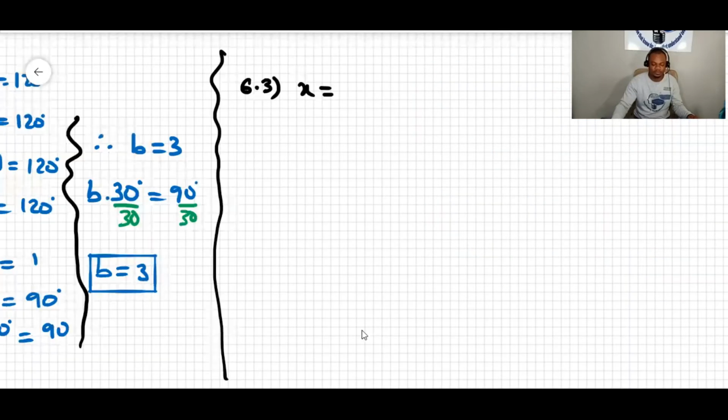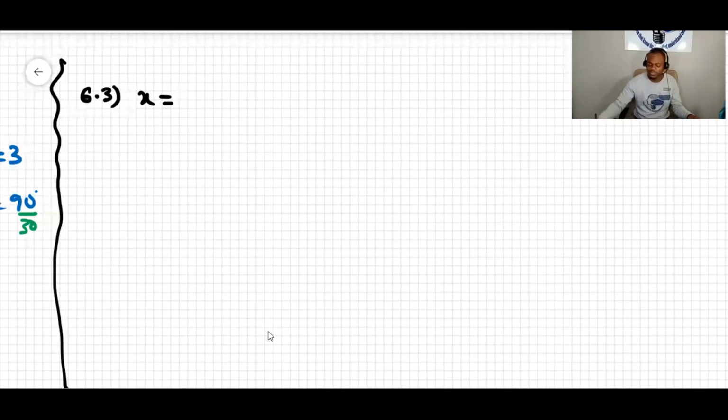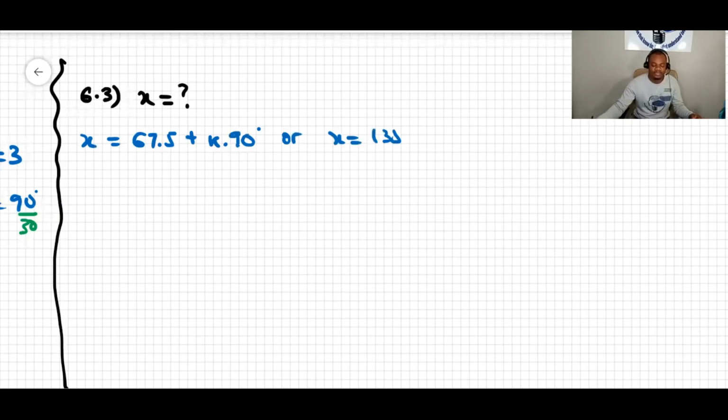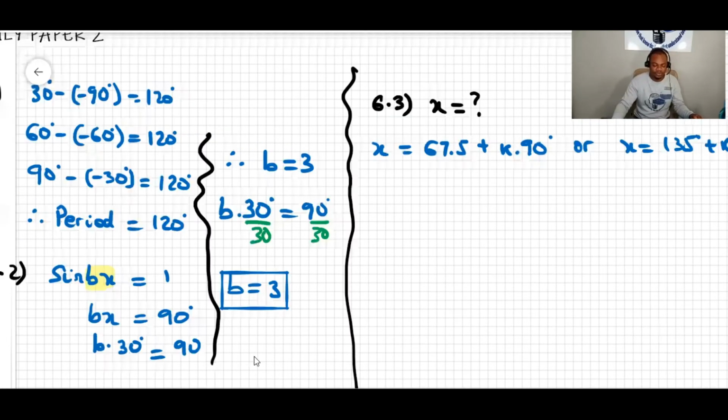So we're looking for the values of x, and in the question it is given that x is equal to 67.5 degrees plus k times 90 degrees, the general solution, or x is equal to 135 degrees plus k times 180 degrees. Now, the values of intersection we can also see from the graph in the question.